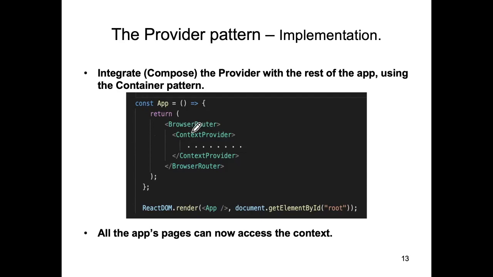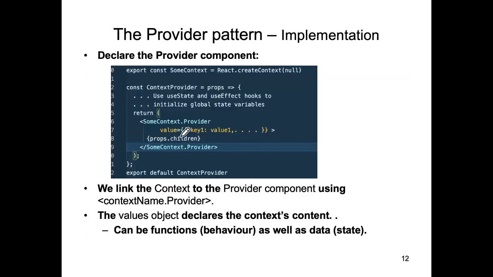And it's typically quite high in the routing configuration declaration. In my case, it's right underneath the browser router component. And we would typically have our various root components in here, which are our pages. And all of our pages are now being composed with the context provider component. So that's the composition. So that is the other side of props.children.